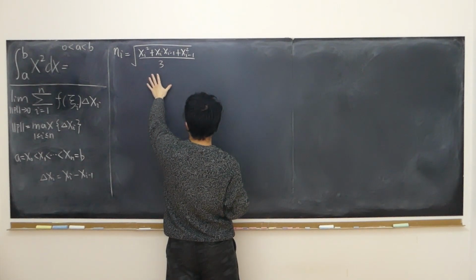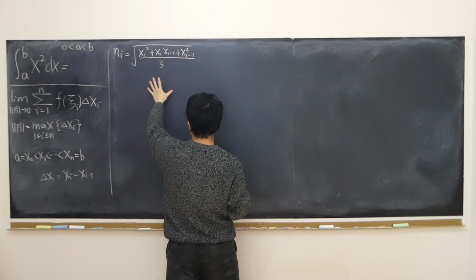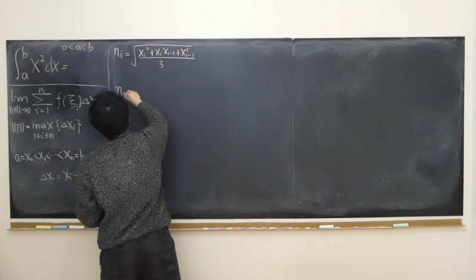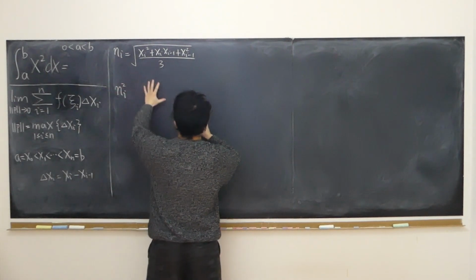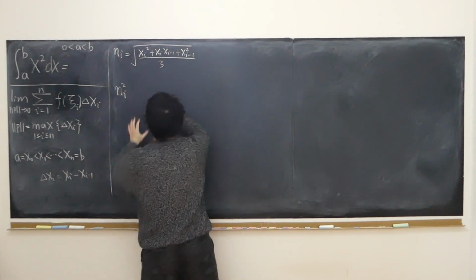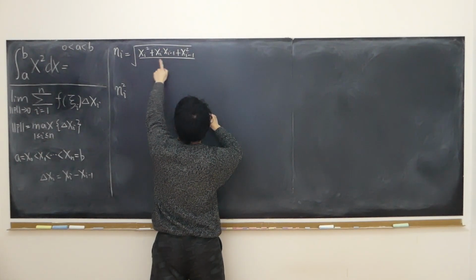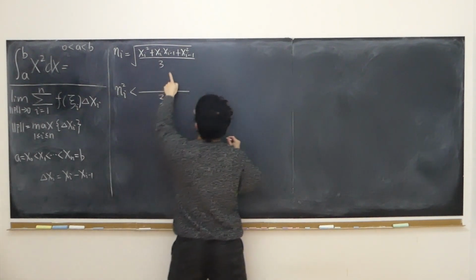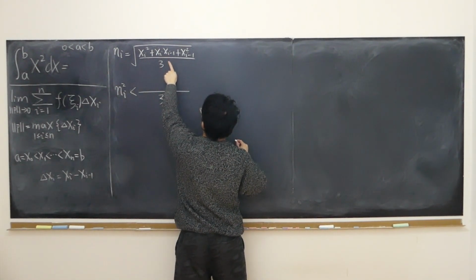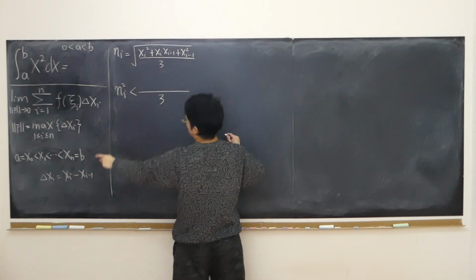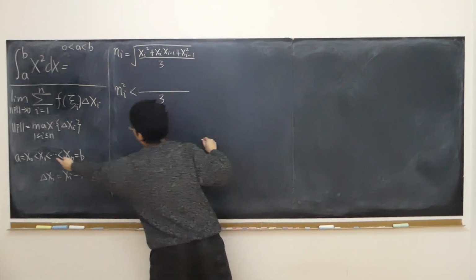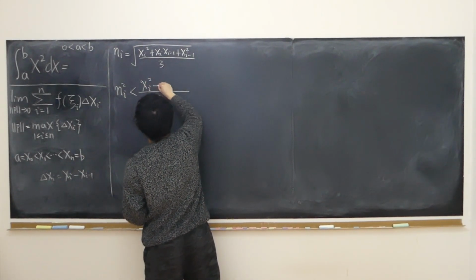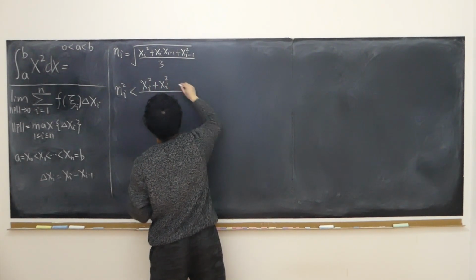Also, I'm going to show this without the square root. For example, eta_i squared is equal to just 1/3 of this expression, which is less than, if I replace x_{i-1} with x_i, because x_i is larger than x_{i-1}, so this is enlarged, x_i squared plus x_i squared.